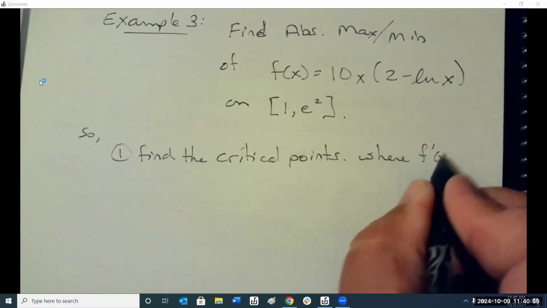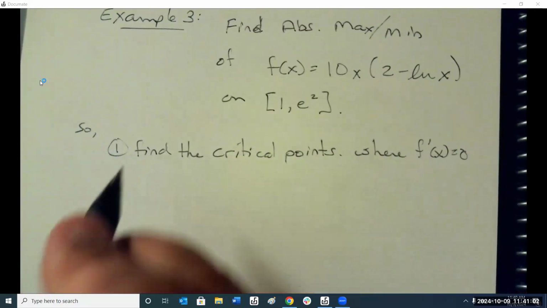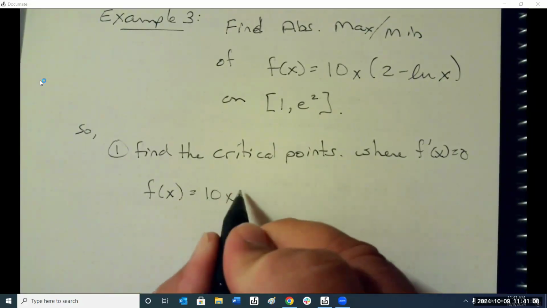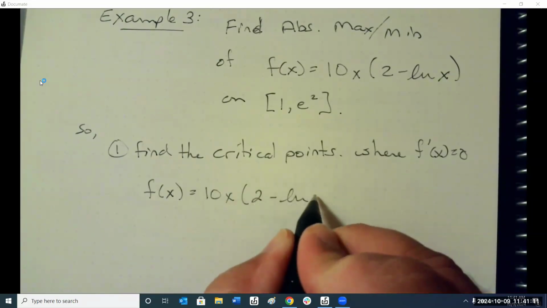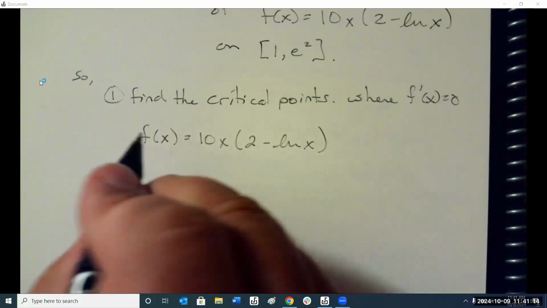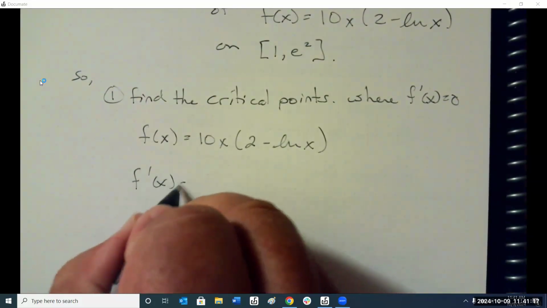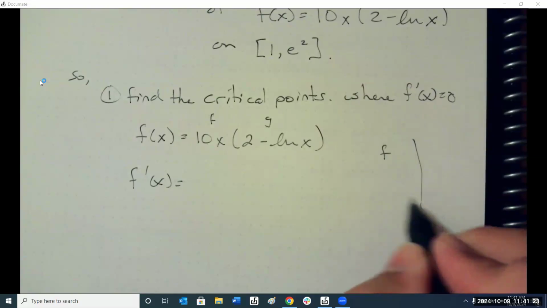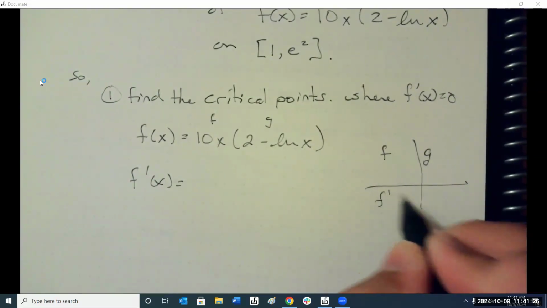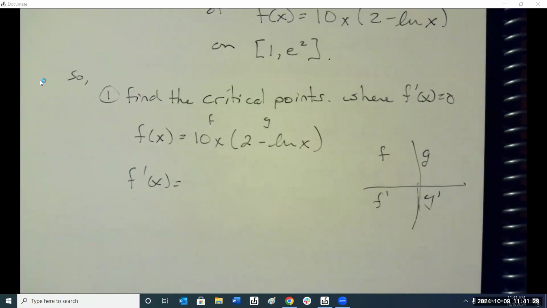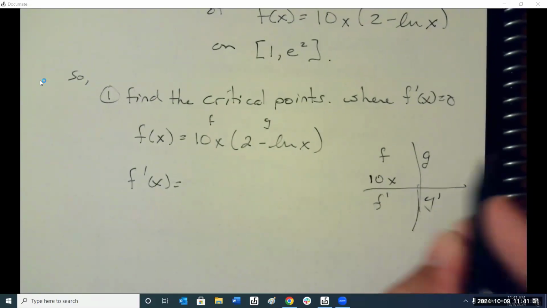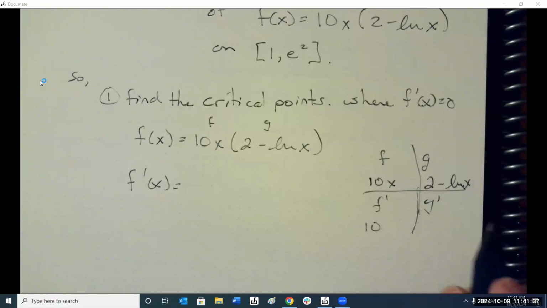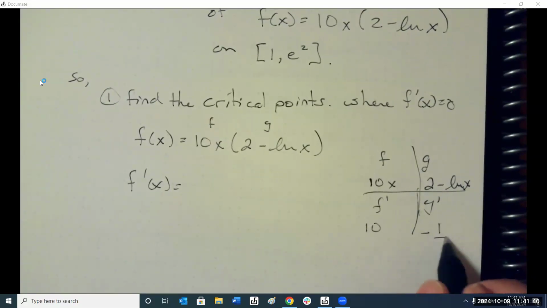For f prime of x equals 0. So our function is 10x times 2 minus ln x. We have to find the first derivative. This is f and this is g. So f g, f prime g prime. 10x, 2 minus ln x. This is 10. This is -1 over x.